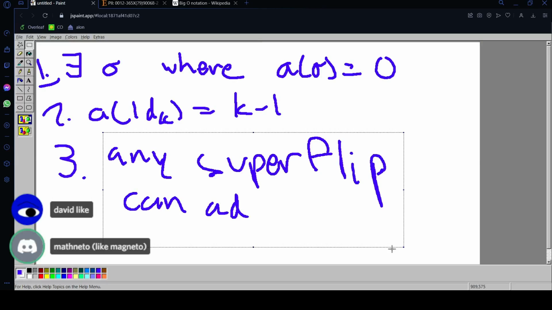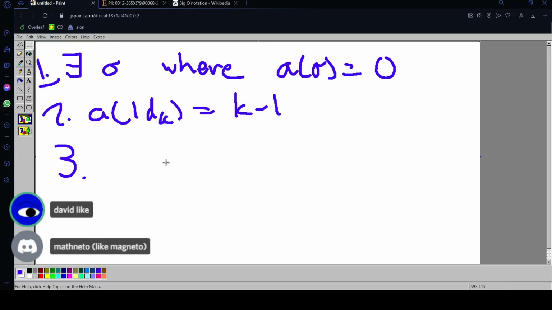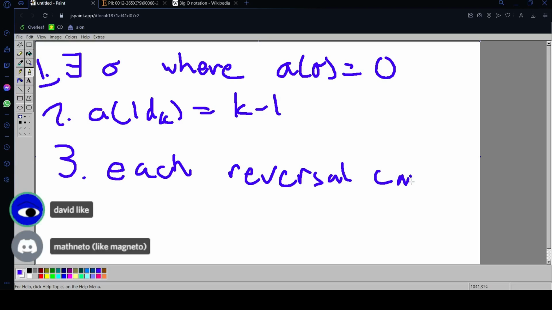Exactly. So if the adjacency of the identity is k minus one, and you can at most have one addition per flip, and there always will exist some sigma where the adjacency of sigma is zero, then you have to do it k minus one times.